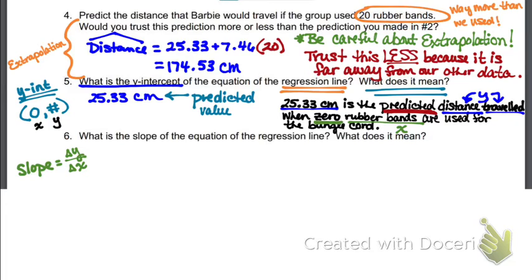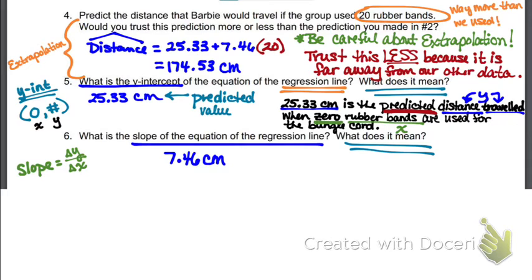Last one on this side, number 6. What is the slope of the equation of the regression line? 7.46 centimeters. What does it mean? Yes. So remember, slope is the change in y over the change in x.